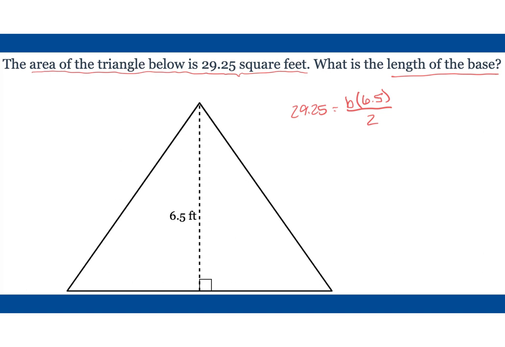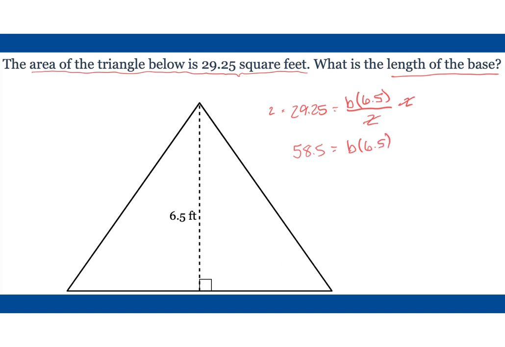Now, if you remember back to our equations unit, we can go ahead and multiply both sides of the equation by 2, which would give us 58.5 equals these two. When we multiply by 2 and divide by 2, that would cancel out to 1, and I'm left with B times 6.5.